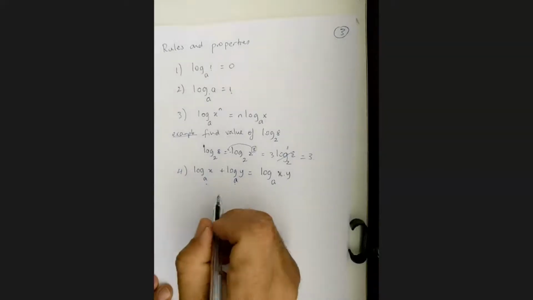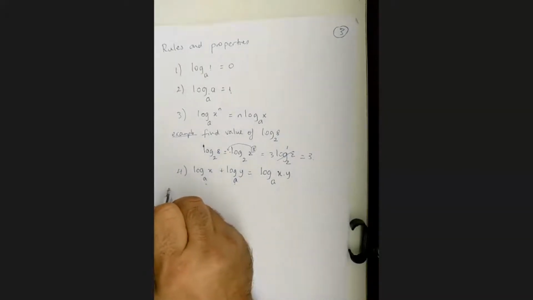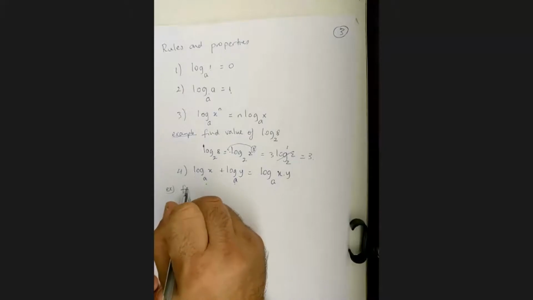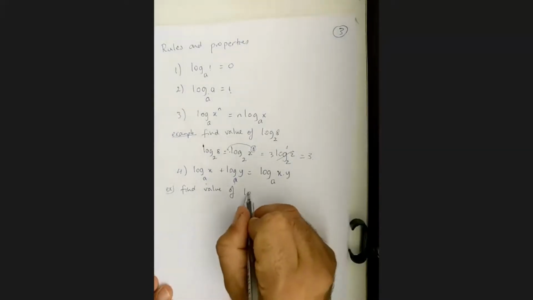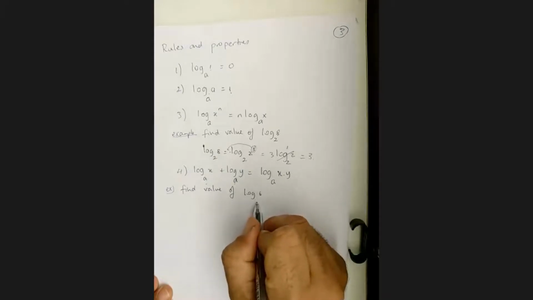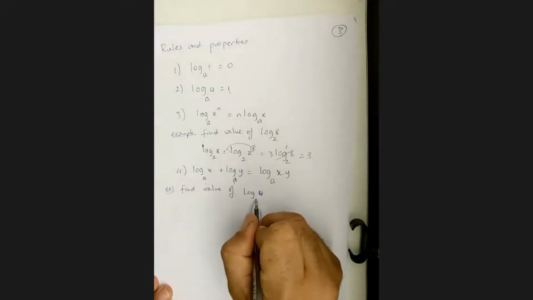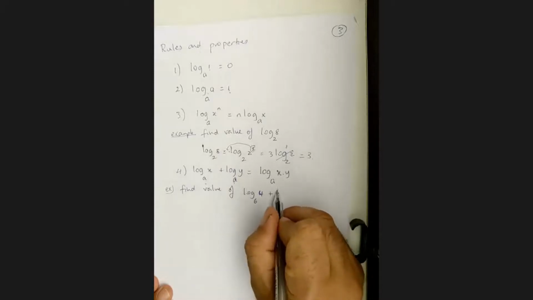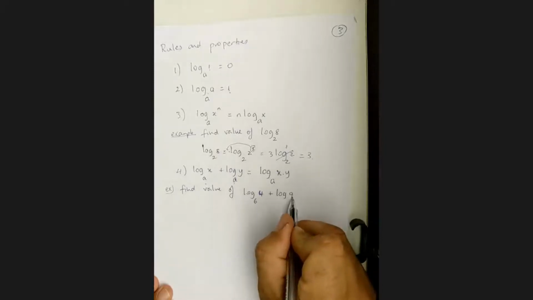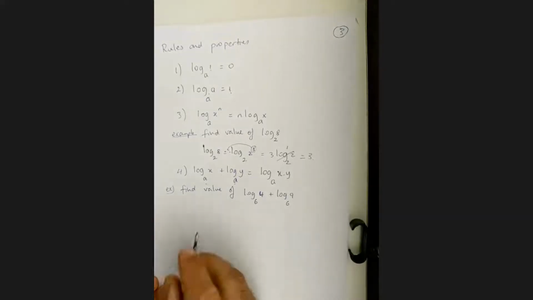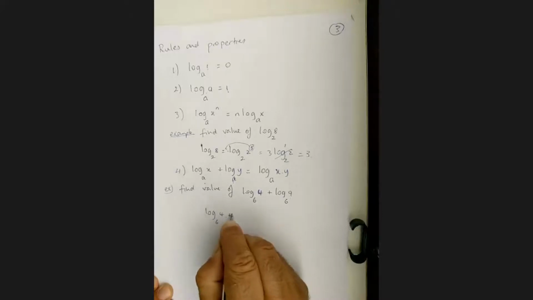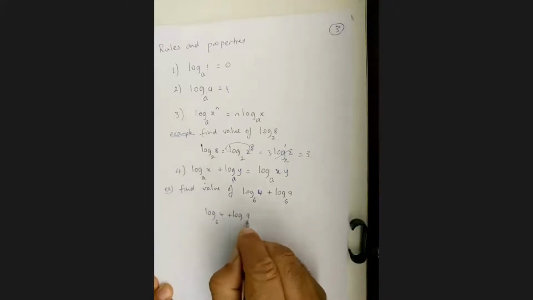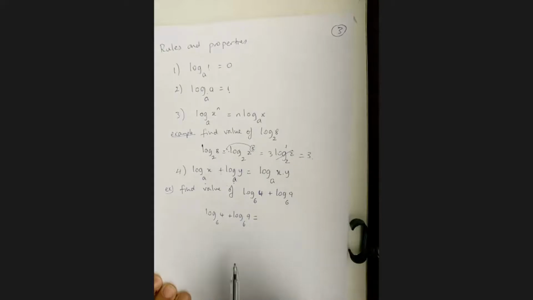Let's use it. Find value of logarithm of 4 to base 6 plus logarithm of 9 to base 6. As you see, the bases are equal.